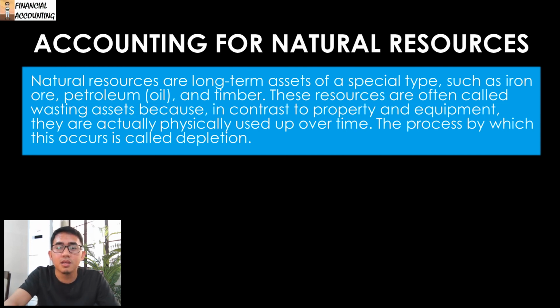The process by which this occurs is called depletion. So actually the terms depreciation and depletion are synonymous. It just differs in the applicability, because depreciation is applicable only to plant assets, while depletion is applicable to natural resources. So these natural resources are also called wasting assets.